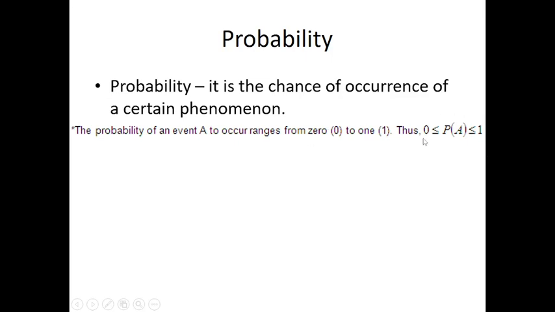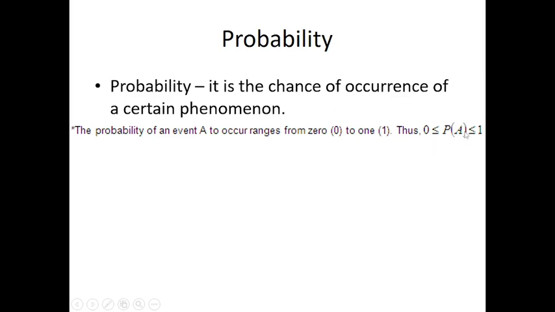So in here, pag sinabi nating 0 probability, sabihin niyan, impossible to happen. Impossible event. So yung A is an impossible event. So the chance of occurrence of an impossible event is 0.